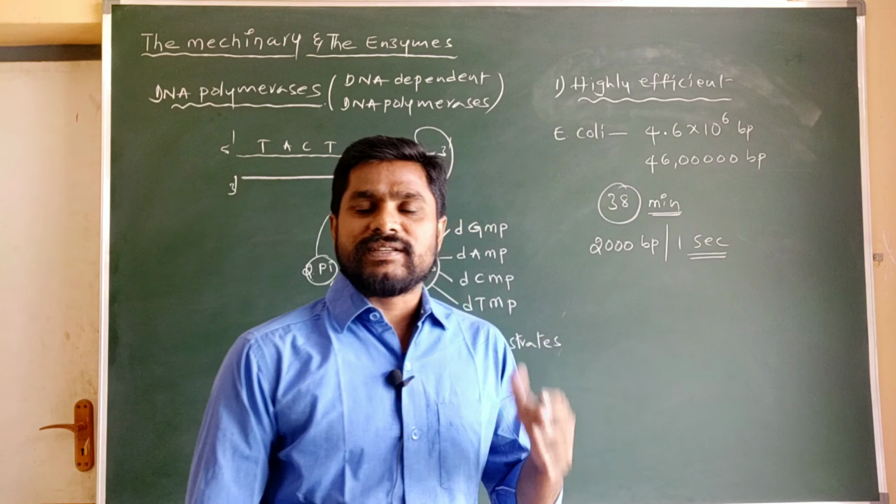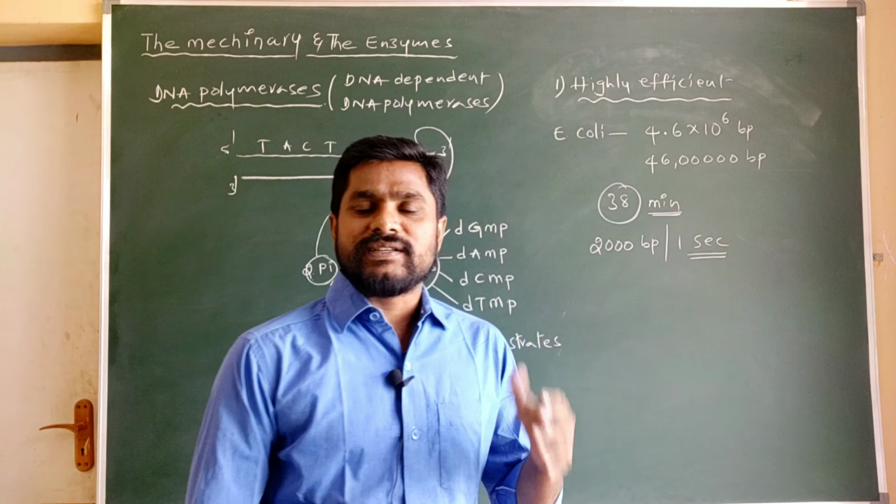First, DNA pol 1 or DNA polymerase 1. This DNA polymerase 1 is considered to be the Kornberg enzyme, after the name of its discoverer R.D. Kornberg. This DNA polymerase 1 in prokaryotes shows 3 types of activities.